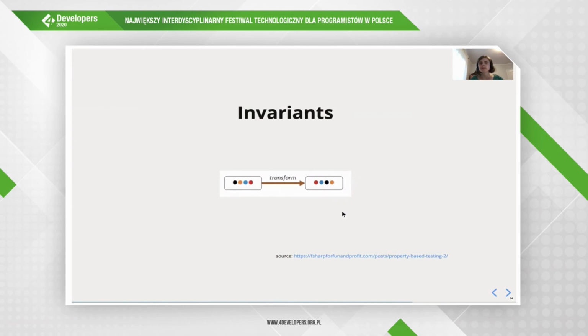And the last of the patterns that I wanted to show you are invariants. For example, in case of ordering a list, the end result will have the same number of elements as the input. Also, if a number is in the end result, it always had to exist in the input as well. It's not out of the blue, and so on.